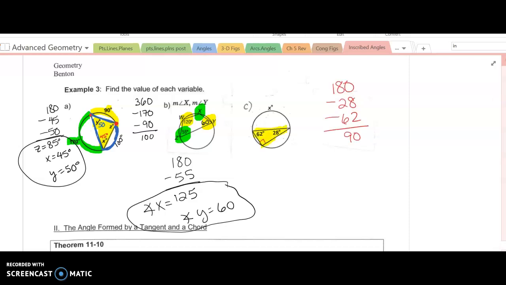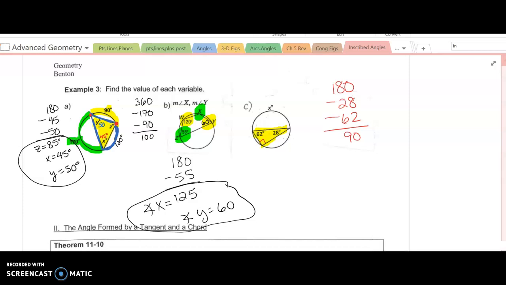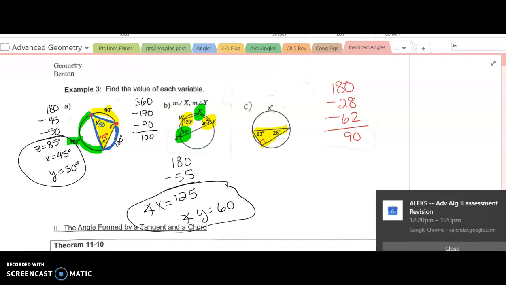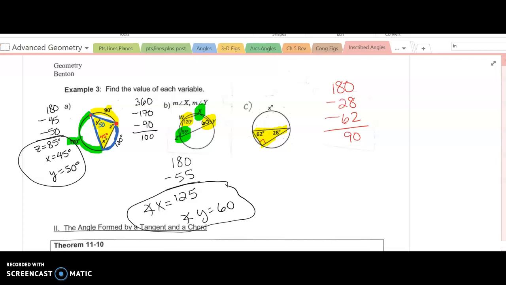Okay, so I started with the yellow triangle and said, that's a triangle, and I know how to find the degrees of a triangle. I know that all the angles of a triangle add up to 180. So 180 minus the 28 minus the 62 left me with 90 degrees for the remaining angle.